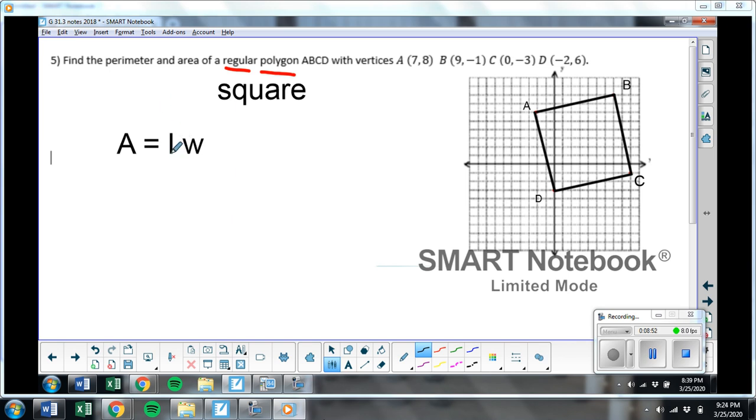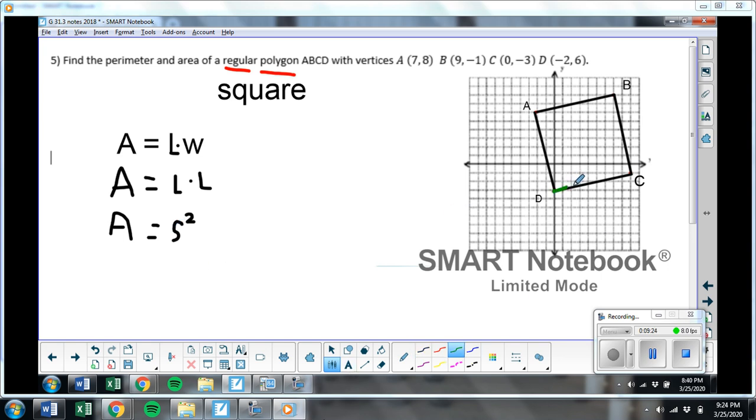Now remember, if it's a square, both sides are the same, so it could be written as length times length because both the length and the width are the same. You'll usually see in a textbook it written as S squared, meaning one side times the side. They're the same, so side times side, side squared. That's the formula for a square.